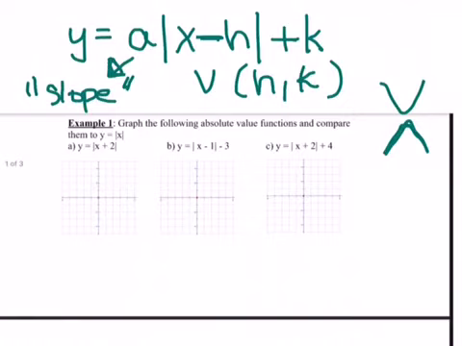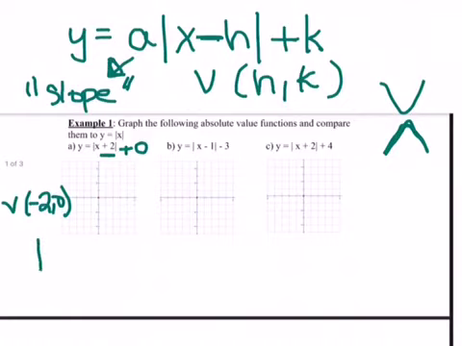If I look at y equals absolute value of x plus 2, there is no k value, so I can say that that's plus 0. So I know my vertex is going to be at minus 2, comma 0. I know it's negative 2 because this x minus h became x plus, so I had to put in a negative 2.